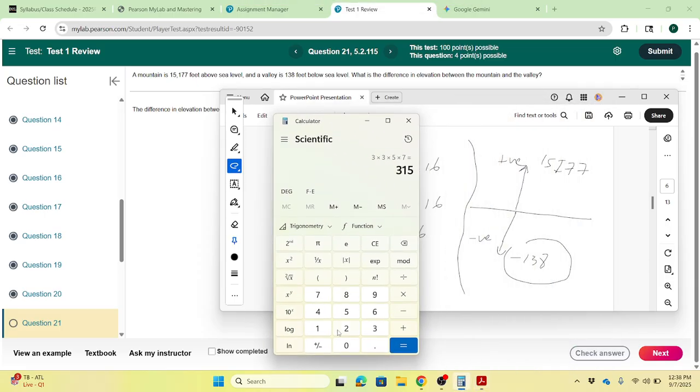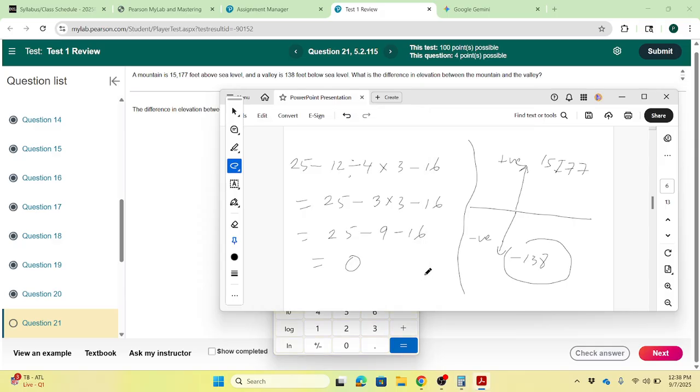So this is how you do it. You type 15,177 minus, and then your number is again minus 138.